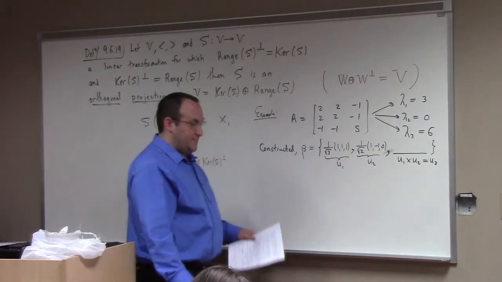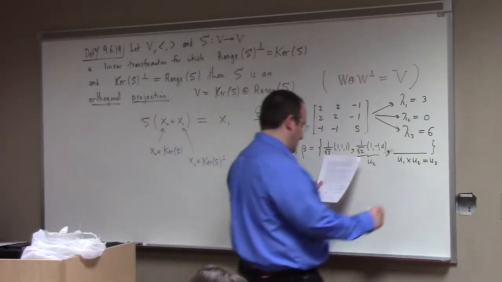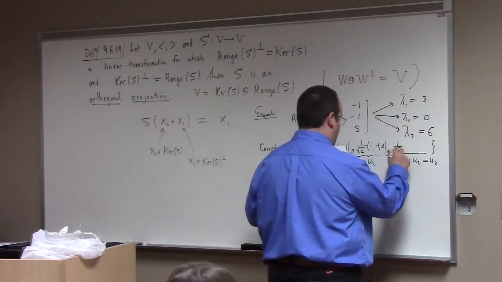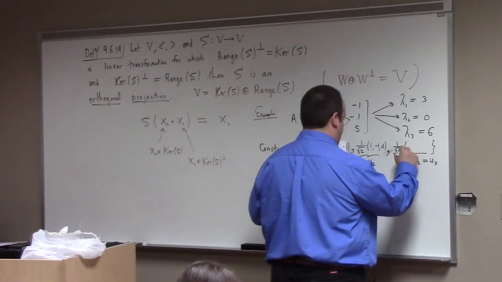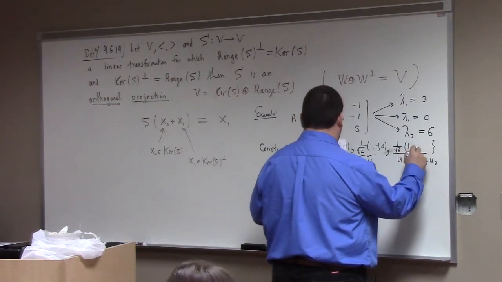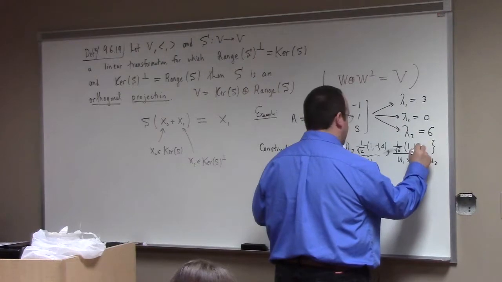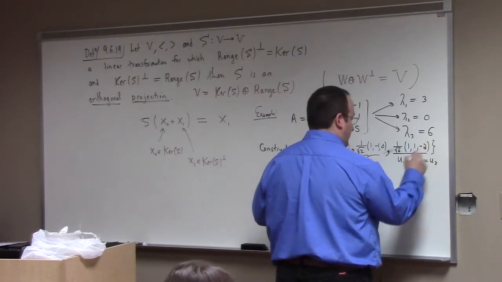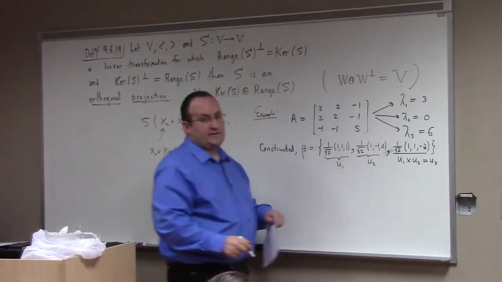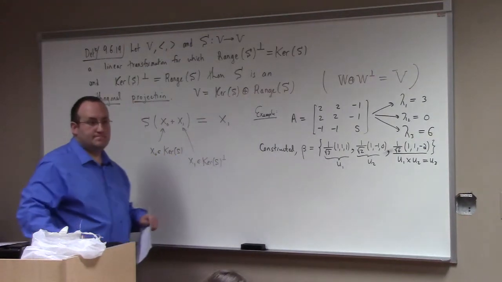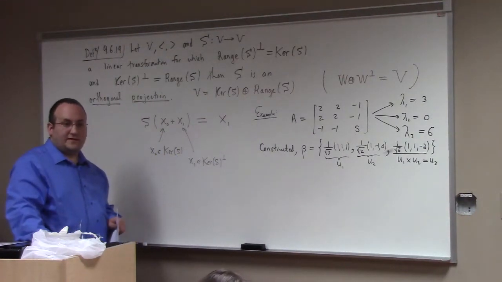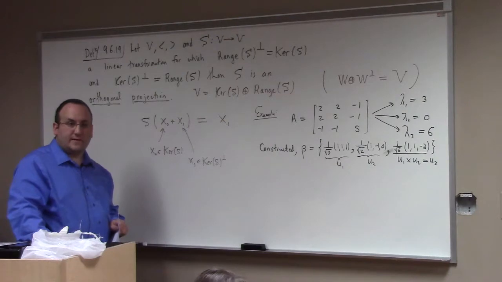What's the magnitude of the cross product? It's the product of the magnitudes times the sine of the angle between them, is it not? So when you take a unit vector crossed with a unit vector, you get another unit vector if they're already perpendicular, like these are.